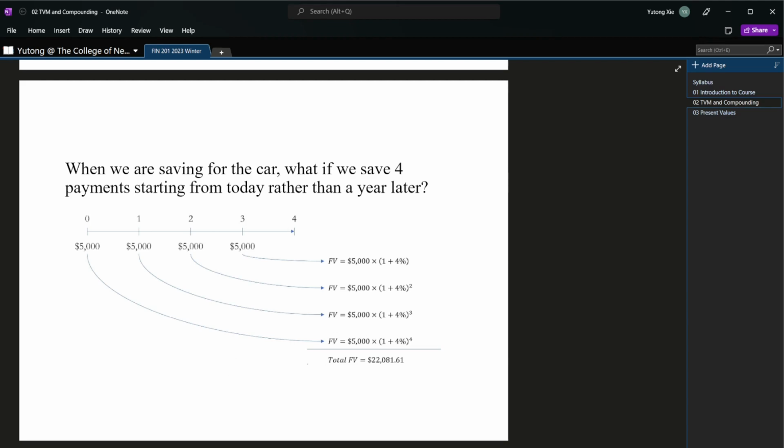So what you see in the future value calculation here is that the number of years is 4, because we're going to invest for 4 years for the first cash flow rather than 3, because we're receiving the cash flow at the beginning of the year rather than the end. So we actually invest one more year for all these $5,000 cash flows, which leads to a higher future value.